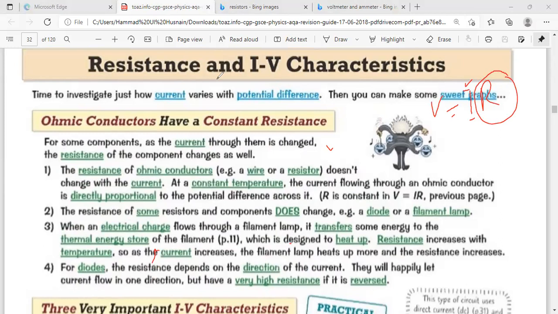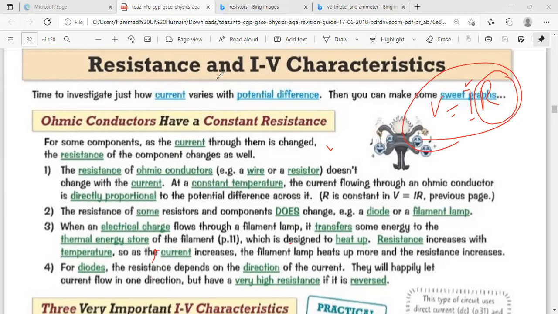So those devices which were obeying Ohm's law were called ohmic devices. But there are certain other components through which, if the current changes, the resistance will also change, and those components or devices do not obey Ohm's law. Those components which do not obey Ohm's law are called non-ohmic devices.